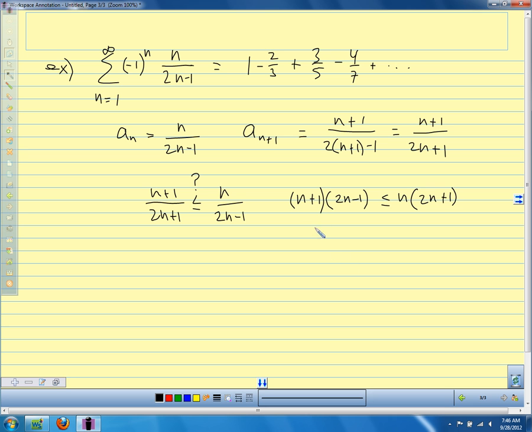From my left-hand side, I get 2n squared plus n minus 1. And we want to know, is that less than or equal to, when I distribute here, 2n squared plus n. And this quantity is clearly less than this quantity. So the second condition holds.